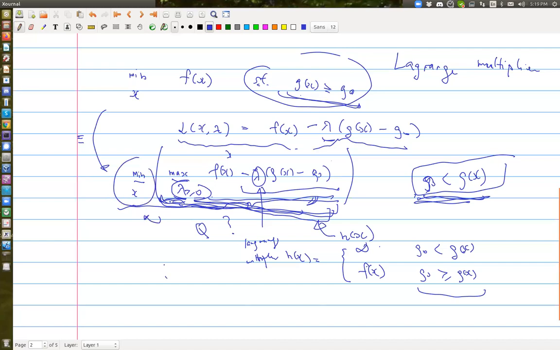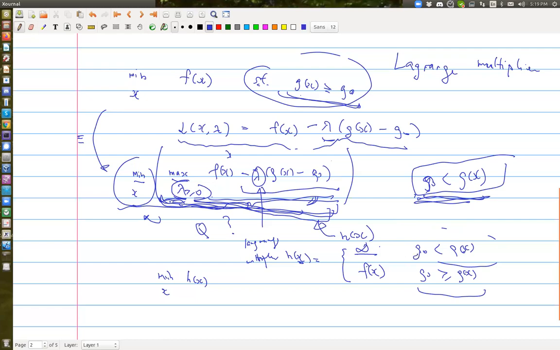So if I write minimize hx, when the constraint is not satisfied it is equal to infinity, so I will never pick an x such that this constraint is not satisfied, or I should say this constraint is violated, right?